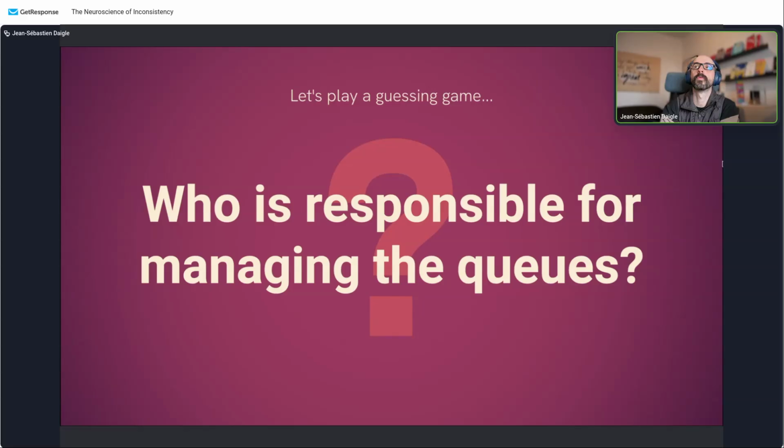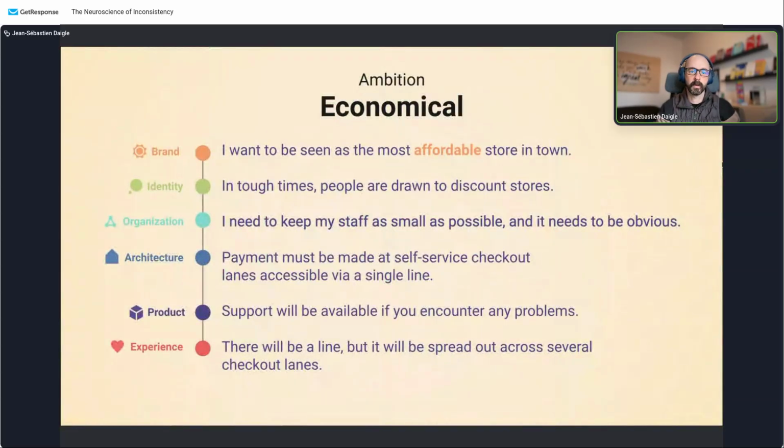I will give you some analysis that we did with EDGY for some businesses, and your goal is to figure out whose business we are talking about, whose waiting line we are talking about. So let me just prepare this. I will let you read. We have a first business which wants to be economical. I will give a moment.